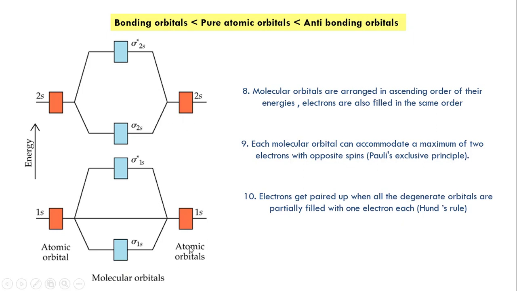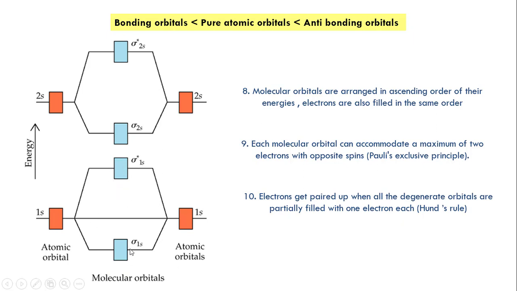The orange ones are the pure atomic orbitals, and the blue ones are the molecular orbitals. There are two types of molecular orbitals: the lower energy one is the bonding molecular orbital, and the higher energy one is the anti-bonding molecular orbital.